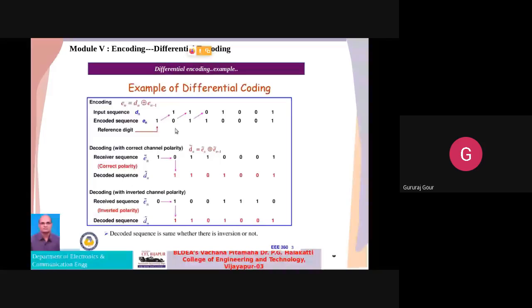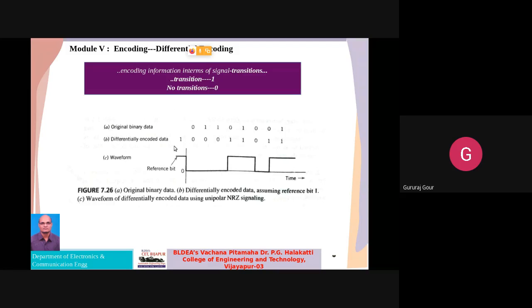We have to take the exclusive OR between the present bit and the reference or previous bit. As the previous bit is not there in this case, we don't know what it was, so we'll assume it as 1.